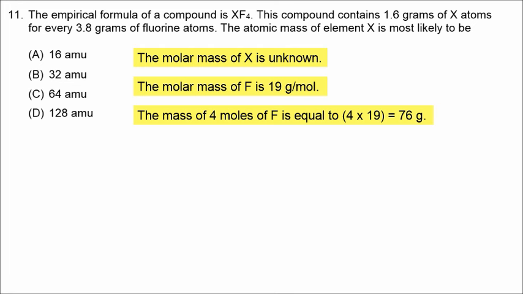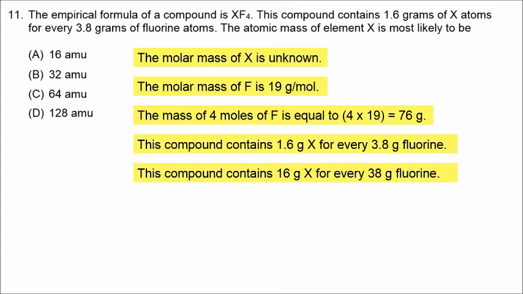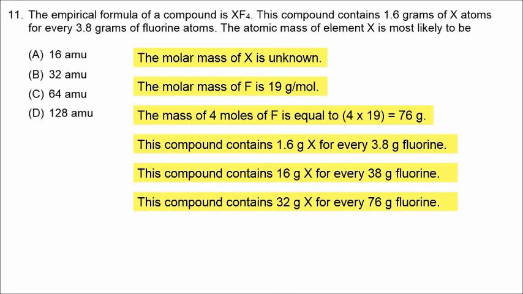So there are 1.6 grams of X for every 3.8 grams of fluorine. This is the same as 16 grams of X for every 38 grams of fluorine. Let's go ahead and double that. There'd be 32 grams of X for every 76 grams of fluorine. So that means that the molar mass of element X must be 32.